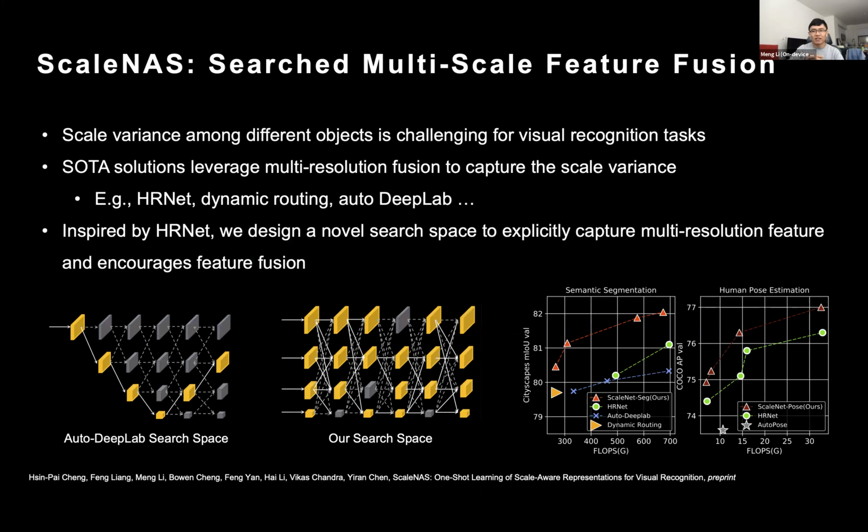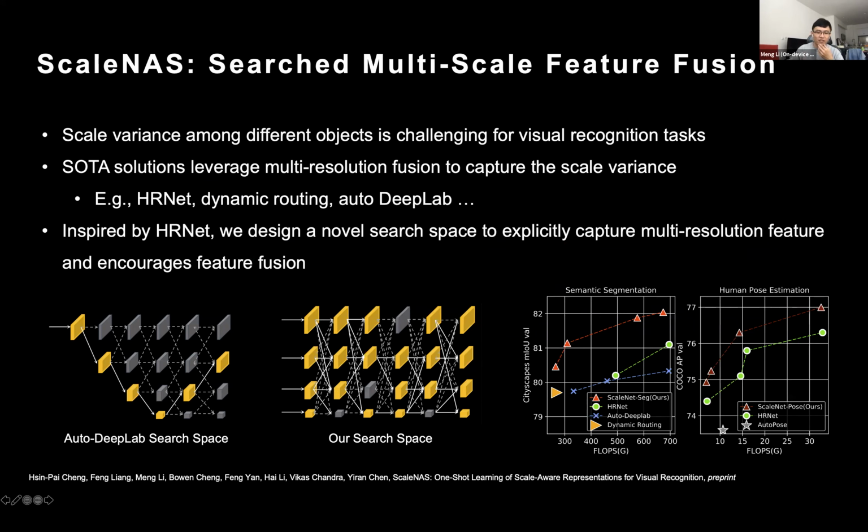So prior art methods find it useful to fuse features of different resolutions. For example, like HRNet and dynamic routing. We propose to explicitly search for the best network topology to encourage the multi-scale feature fusion. Our search space is shown in the figure here.